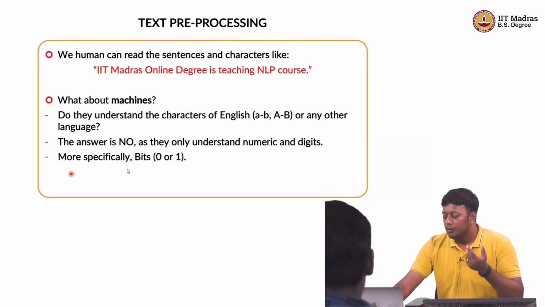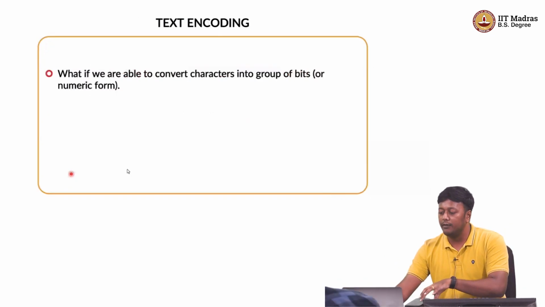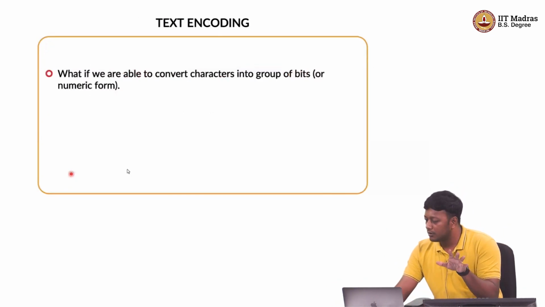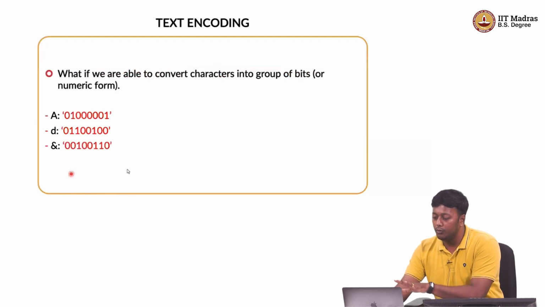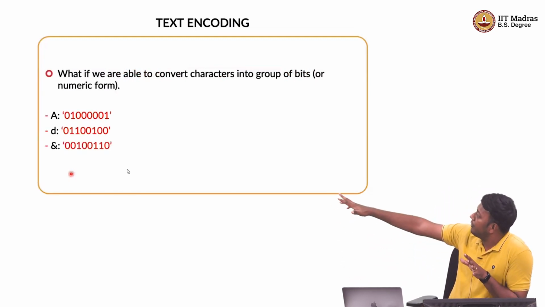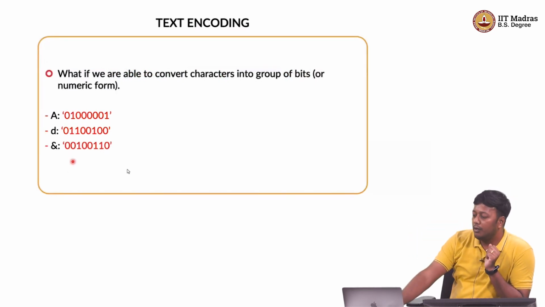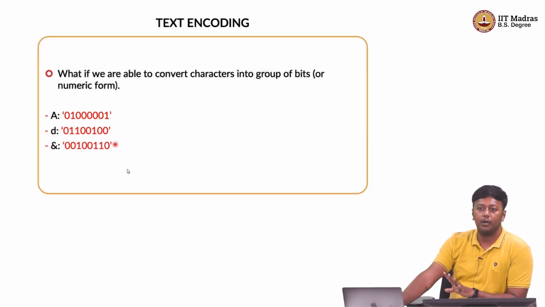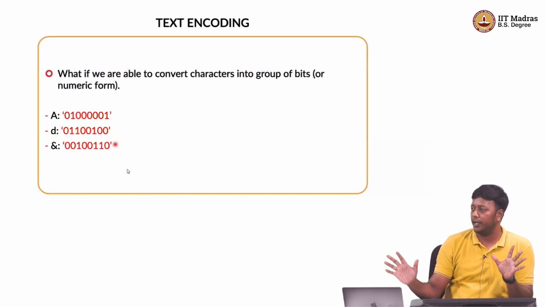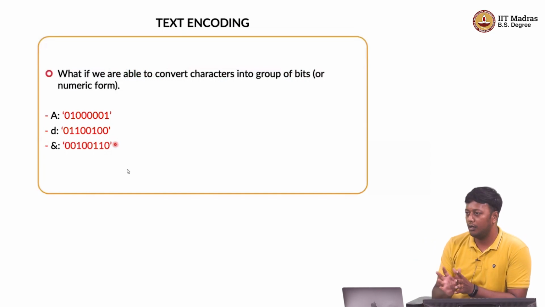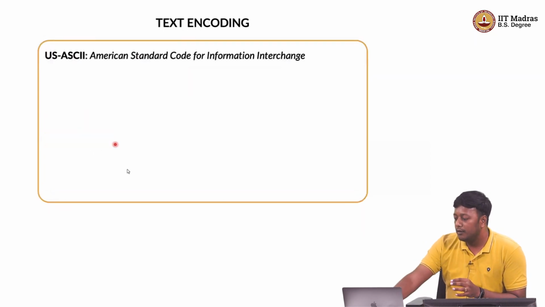So the first step is, whenever you have a text, you have some encodings like this, which are in binary bits format. Capital A has one number, ampersand has one number. You have something for every unique character out there. One standard is this ASCII.